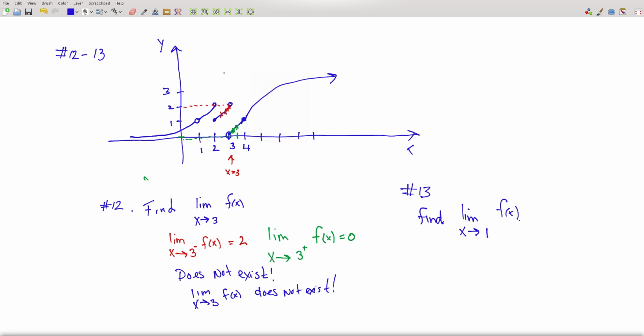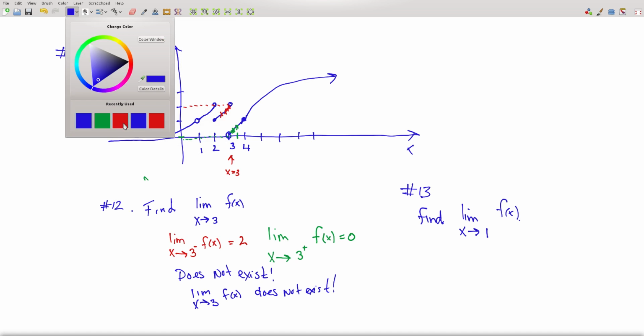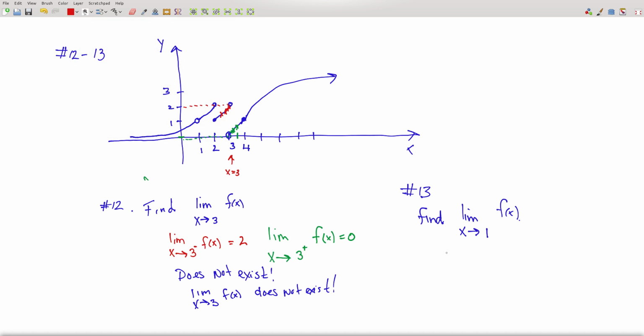Okay, well again, I'll go back to the red ink for the left-sided limit. So the limit as x approaches 1 from the left, that means values that are to the left of 1. So for example, 0 is to the left of 1, but so is 0.5 and 0.8 and 0.9 and 0.99 and 0.999 and 0.9999, and I think you get the idea.